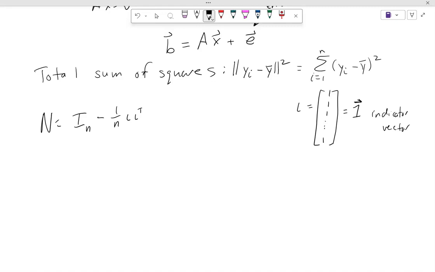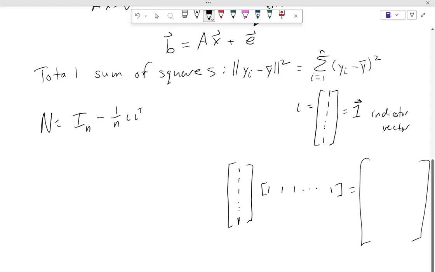Okay. Let's see how that works. It's not very interesting. It's just a fancy way to write this. I've got a vector full of ones this way, and a vector full of ones this way, and I'm going to get an n by n matrix over here when I'm done. Well, remember how you do matrix multiplication. You line up row with column. How many multiplications do I have to do, just for that one? You just have to do one multiplication, right? Row 1 has 1 entry in the first matrix. Column 1 has 1 entry in the second matrix.